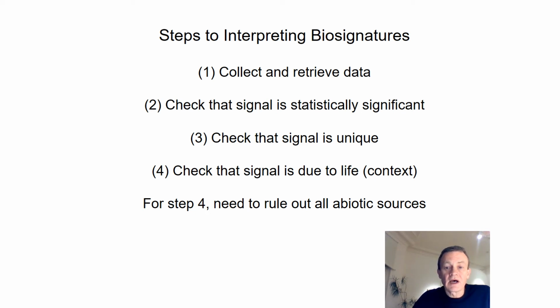We have to know about the atmosphere, about the environment, about the star, about the age, in order to make an assessment and decide whether the signal could be due to life or whether it's due to some other non-life process. So for step 4, we have to really rule out all other possibilities. And if we can't do that, then the only explanation left is that maybe it's life.